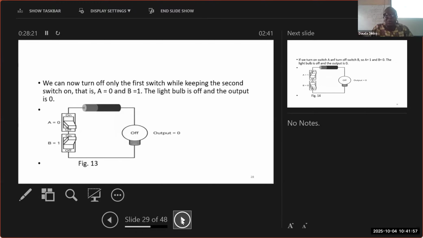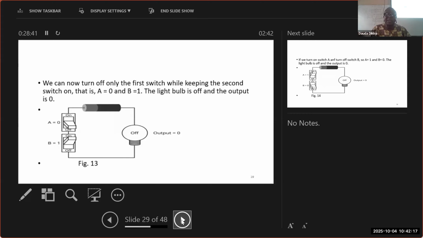Let us look at another one. When the first switch is off, it is represented by 0. And the second switch is on, which is represented by 1.